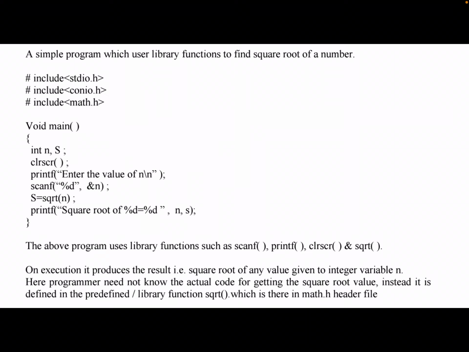And since I am finding the square root of a number, I require the sqrt function, so I am including the header file math.h. Now I have created a main function here. Two variables are taken, n and s. n is the input number, and s is the square root of the number.